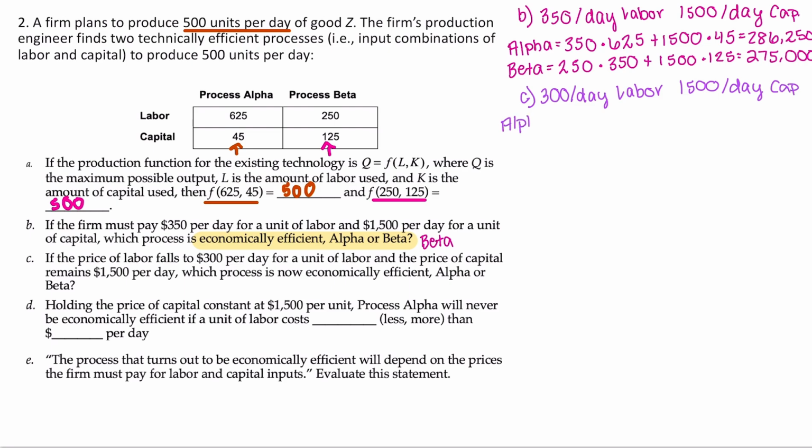So alpha is going to be 300 times 625 plus 1,500 times 45, which is going to give us 255,000.